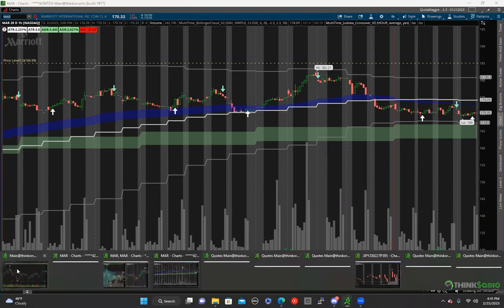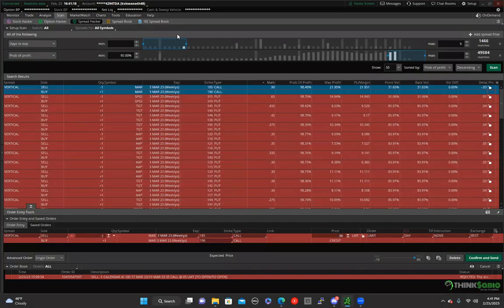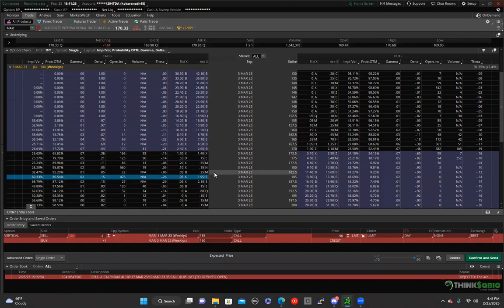And then how is this scanner helping? The scanner will identify contracts that have a wider spread. When I say spread, it's the gap between the bid and ask, right? The gap between bid and ask and the gap between these two strikes is very high.